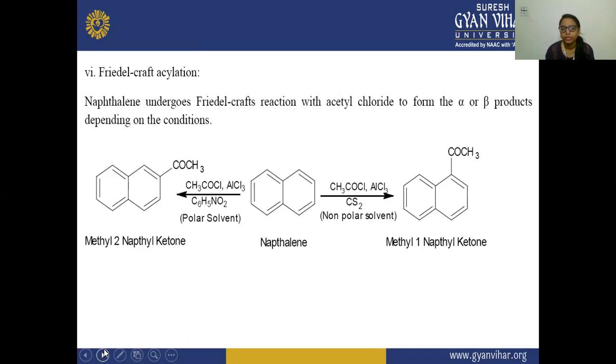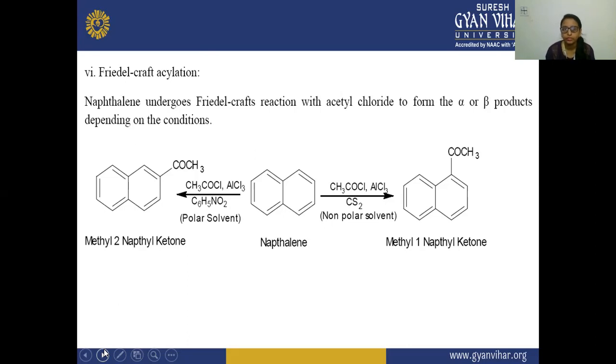So in naphthalene, when it reacts in a polar solvent, there is a formation of methyl 2-naphthyl ketone, and if naphthalene reacts in a non-polar solvent, then there is a formation of methyl 1-naphthyl ketone.